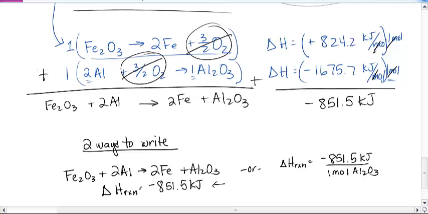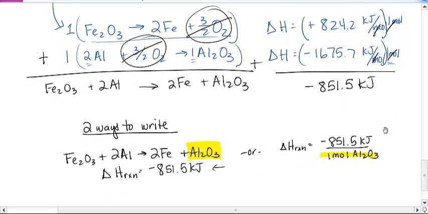Well, how do I know that? Because in my balanced equation, I have 1 mole of Al2O3. So if I knew, for example, how many grams of Al2O3 were produced, and I knew how much energy I get per mole of Al2O3, I could use that to figure how much energy I would get.